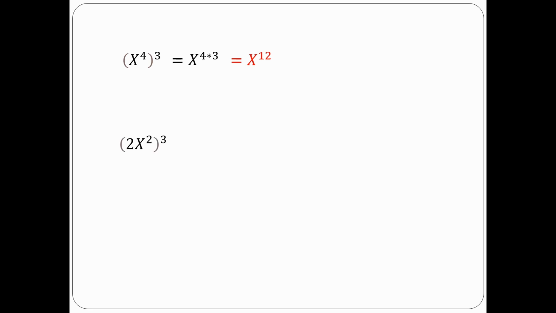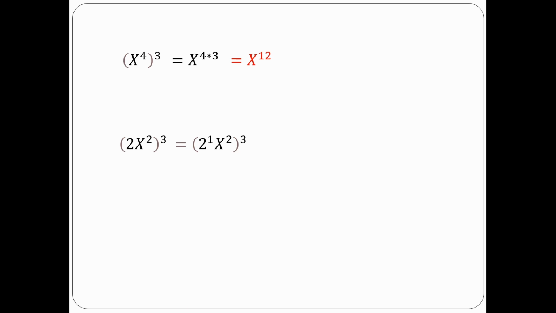Let's try another example. Let's say we have 2x squared with exponent 3. This time we have two factors, that is 2 and x squared, that is raised to the 3rd power. You should write that also as open parenthesis 2 to the 1 power x squared close parenthesis exponent to the 3 power.